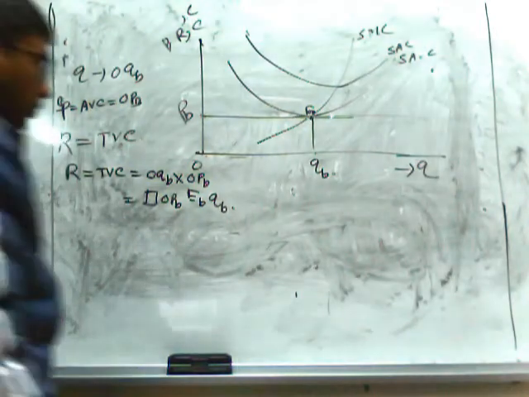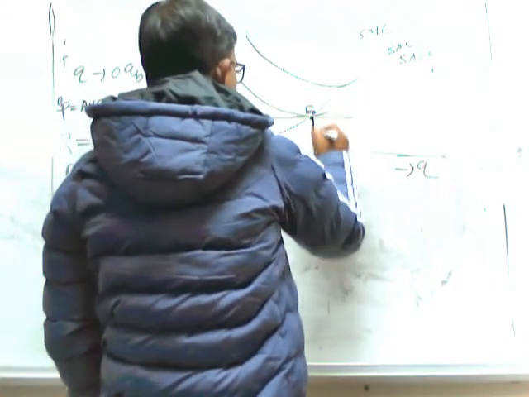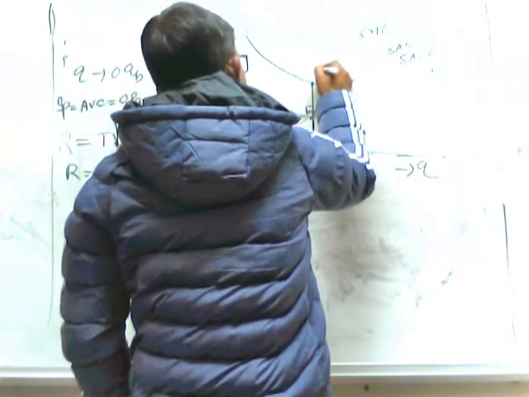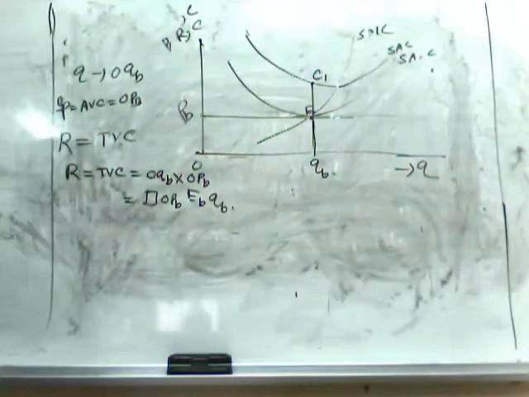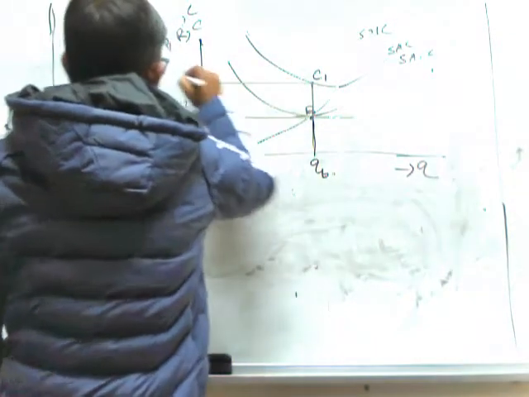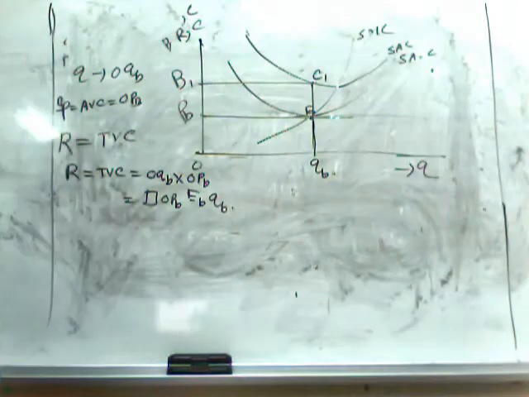What is the average cost of production at this level? So QBC1 is the average cost of production, and we can write it OB1.